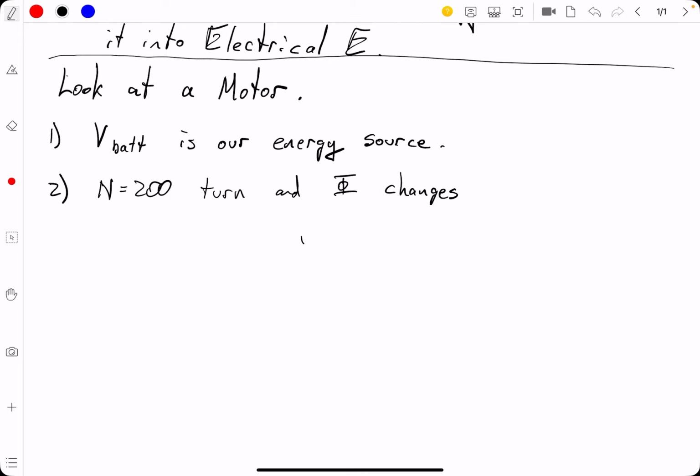Because of that flux changing, it generates an EMF. Okay, this is just Faraday's law of induction.